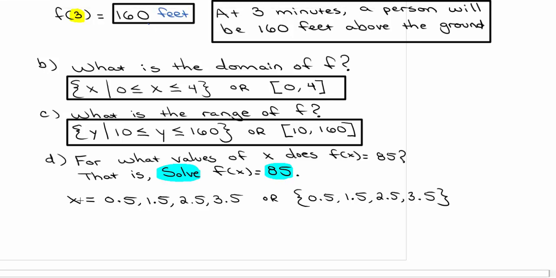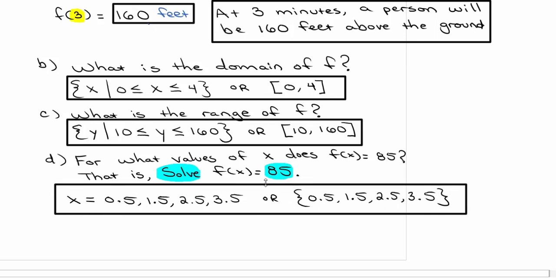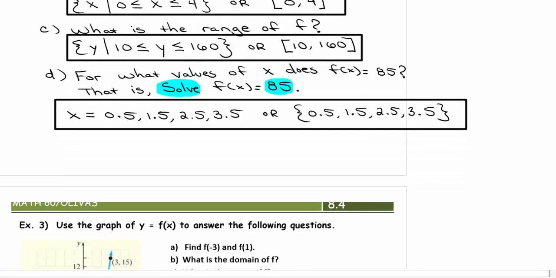Let's go ahead and box that in. Perfect. And those were all the questions for that one right there. Let's go ahead and move on to the next one. Moving right along.